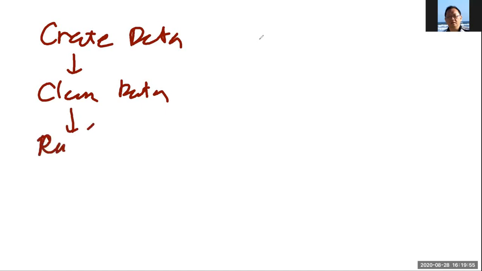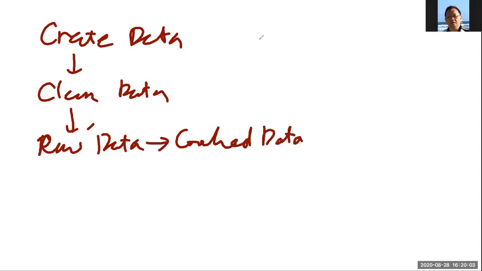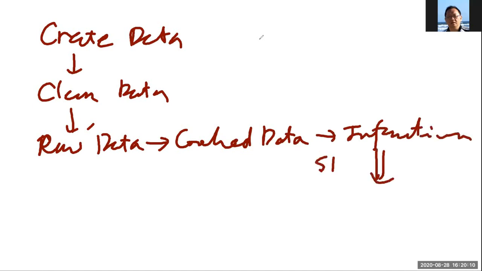Raw data converted to cooked data. And cooked data generate the information. And information based on statistic.